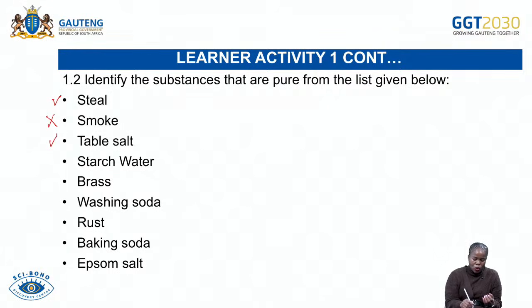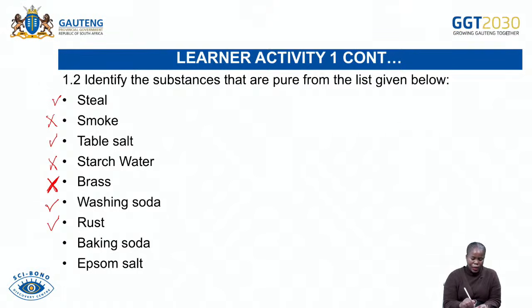So we said no to smoke. We are also saying no to starch water. Brass, we're saying no to that as well. It is a mixture. Washing soda, yes, it can exist in its purest form, so we can take this as being pure. Rust on its own, alone, can exist as a pure substance.